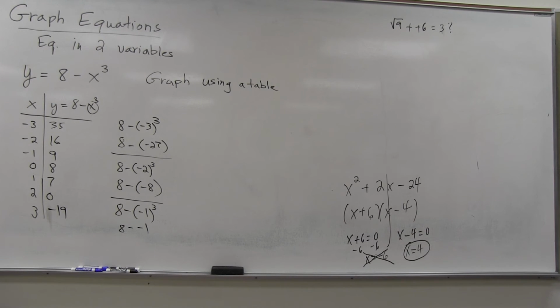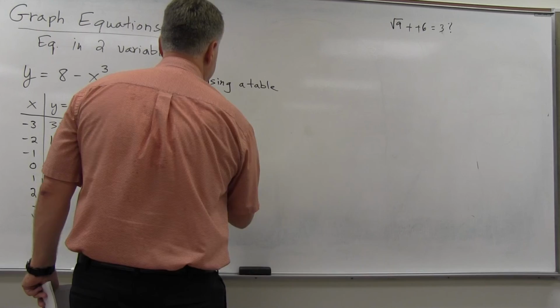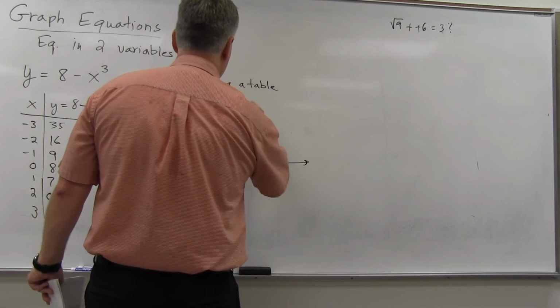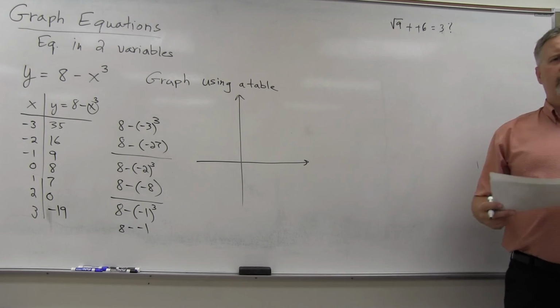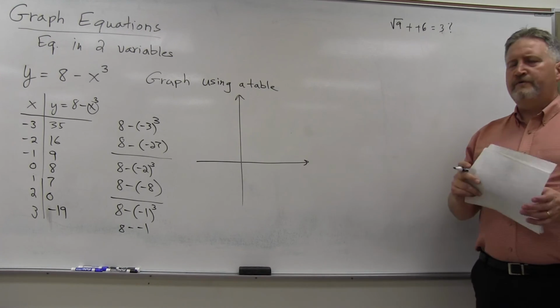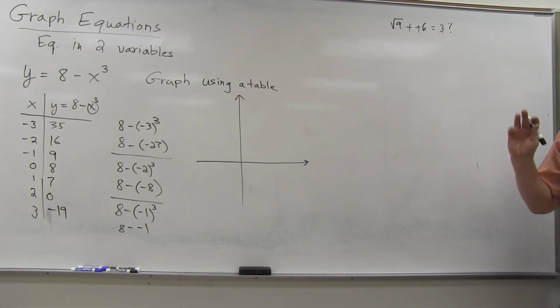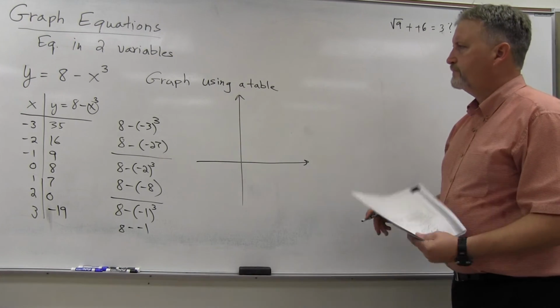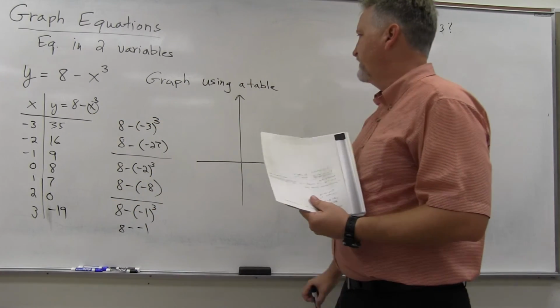All right. So yeah, we put those on our Cartesian coordinate system. I do have a worksheet on this one, so you may already have a prescribed scale and can alter it if you need to. In this case, we're going up to 35 and down to negative 19 on the y value.